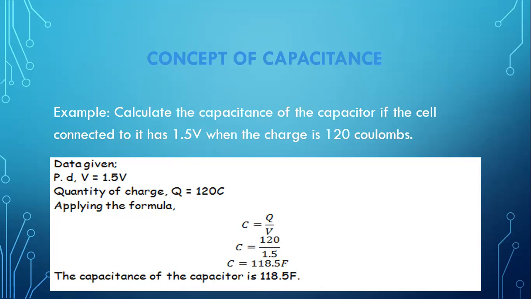Applying the formula C equals Q over V, we get 120 divided by 1.5, then you get our answer, 118.5 farads. So the capacitance of this capacitor is 118.5 farads.